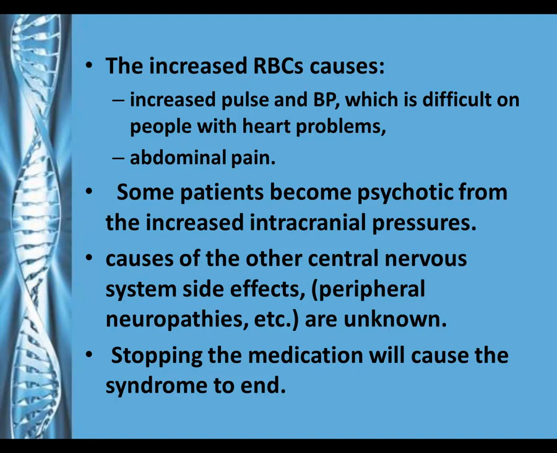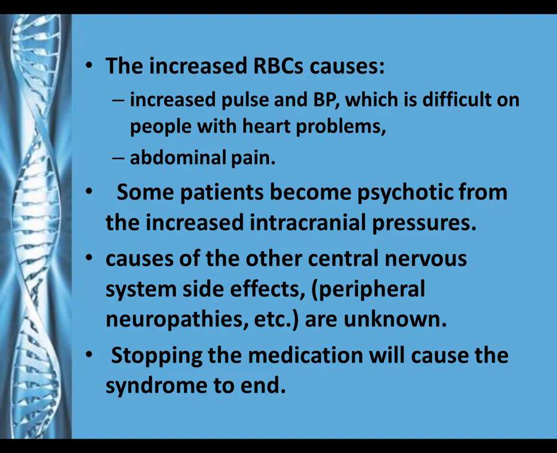So this can cause an increase in pulse and blood pressure. And for patients who have heart problems to start with, this can increase those dramatically. Also, patients may experience abdominal pain from congestion around the spleen from this increase in red blood cells.